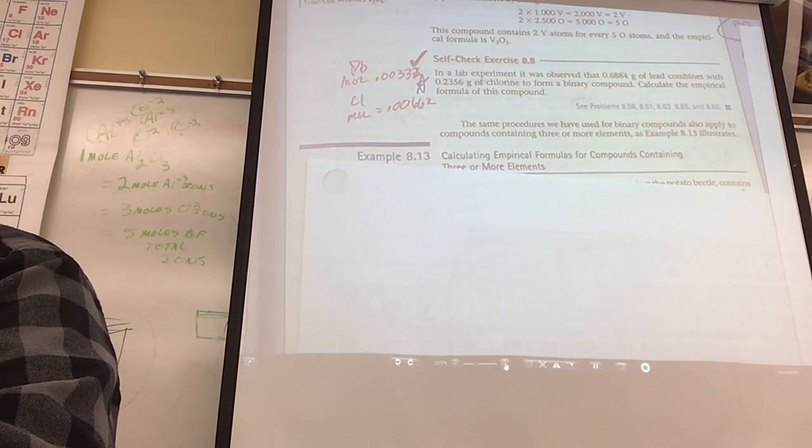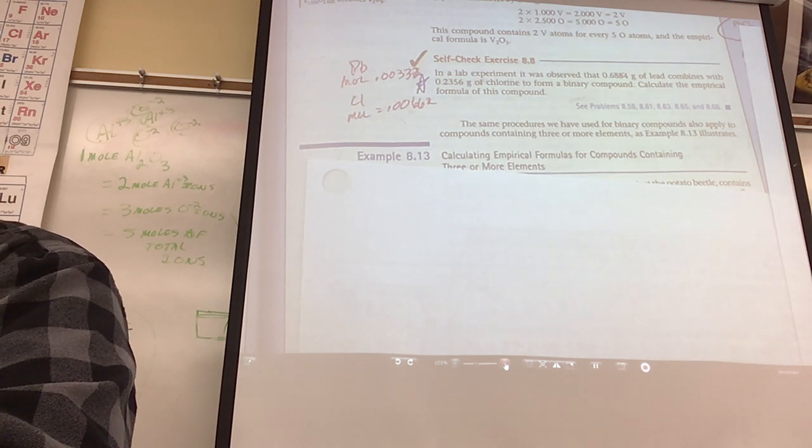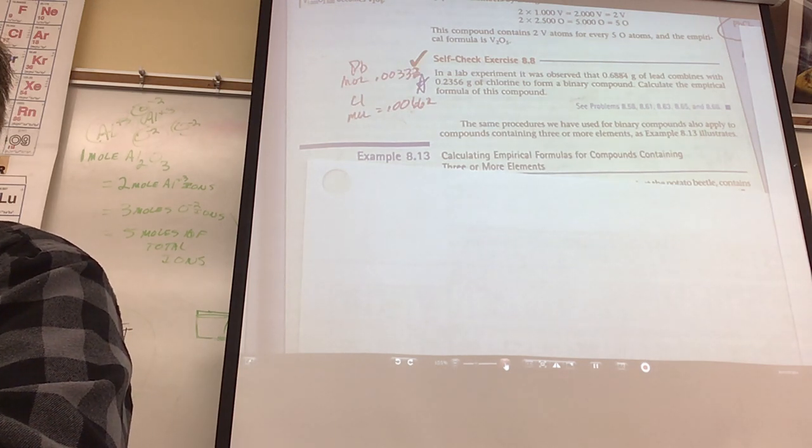Lead and chlorine, PbCl2. Okay, every binary compound ends in IDE. So lead chloride. Which one, though? Lead 2 chloride. How do you know? Because lead is plus 2, chlorine's minus 1.